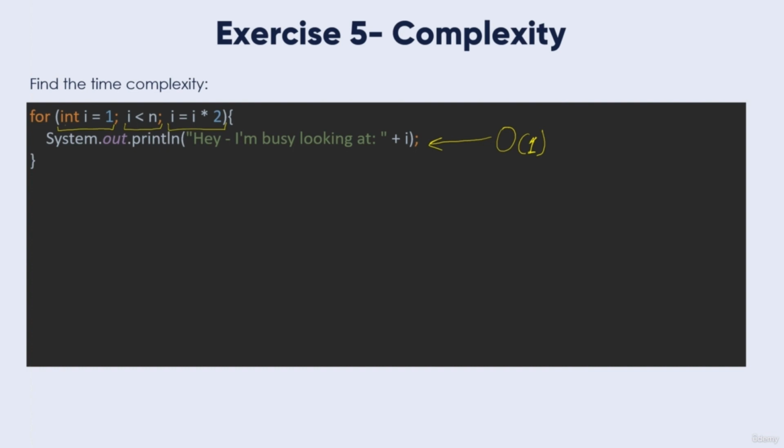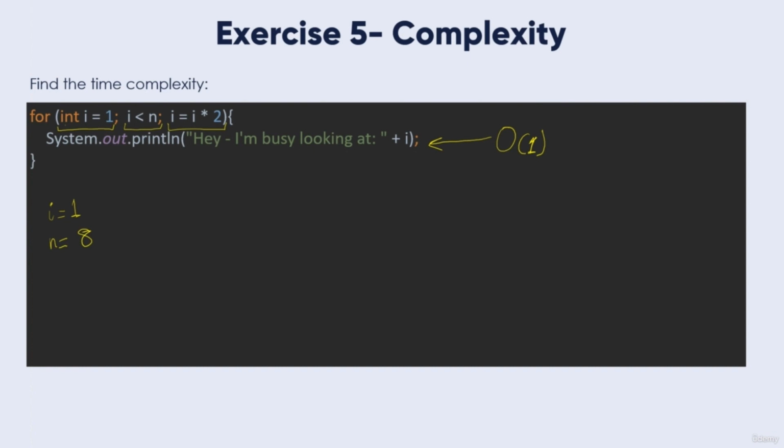So, this loop starts from i equal to 1, and i less than n. I will consider for demonstration n equal to 8. And i every time is i times 2.